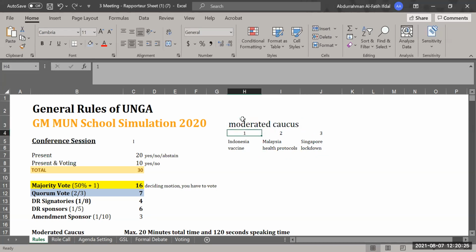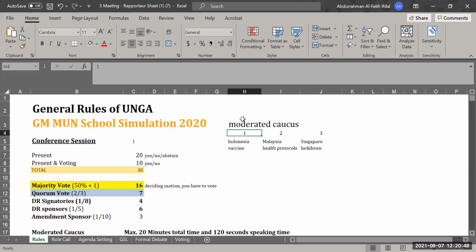This is a caucus where anyone needs to propose something to talk about something. In GSL, we don't have any motion proposal sessions. The same goes with unmoderated caucus. We don't have that because in unmoderated caucus, you can talk about anything. You don't have to propose a motion. You don't have to file a motion. You can just talk with anyone you want to, right?